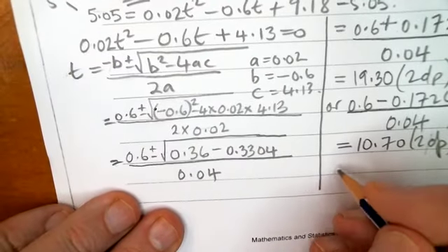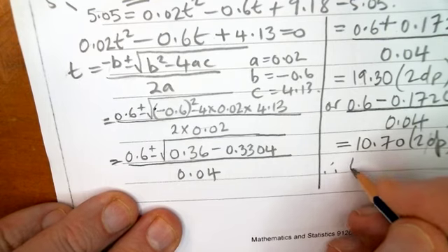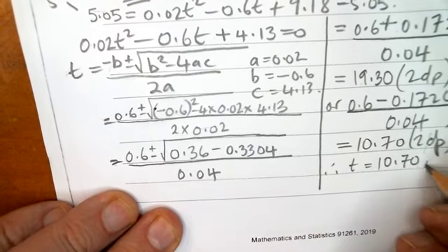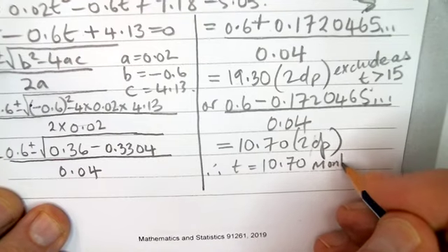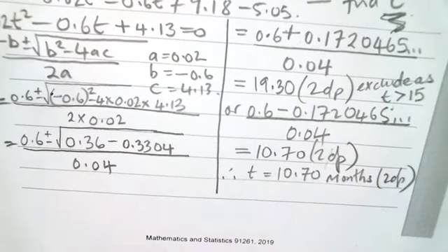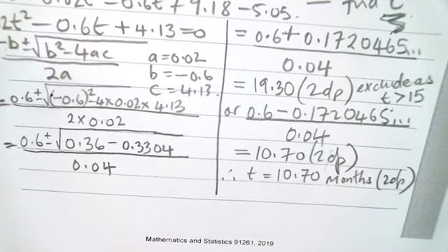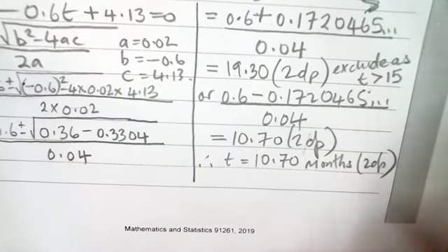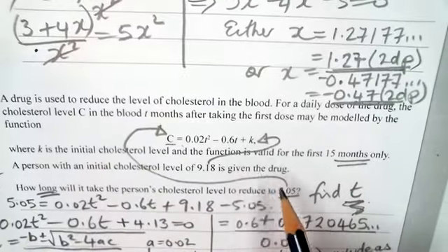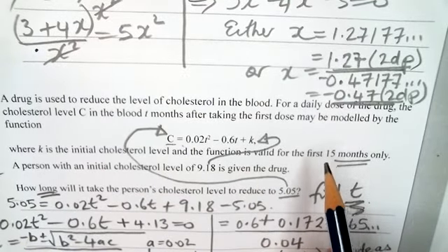So therefore, the time is equal to 10.70 months, 2dp. So that's basically how I would go ahead and do that. You need to exclude this one here, as 19 is in fact greater, because it's only valid for the first 15.